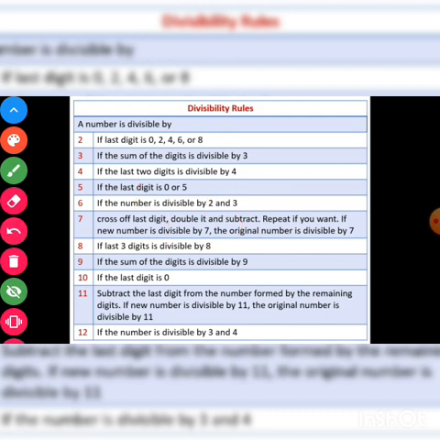So clearly you can say the number is not divisible by 6. So it's a must that for the divisibility test of 6, the number should be divisible by both 2 and 3. If it is divisible by 2 and 3 both, then only it will be divisible by 6.